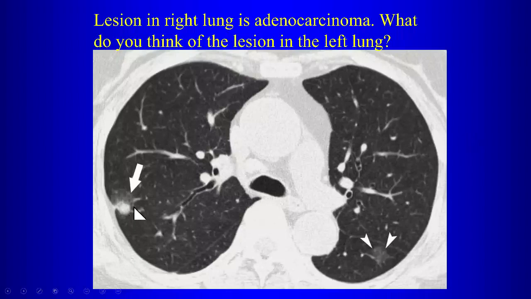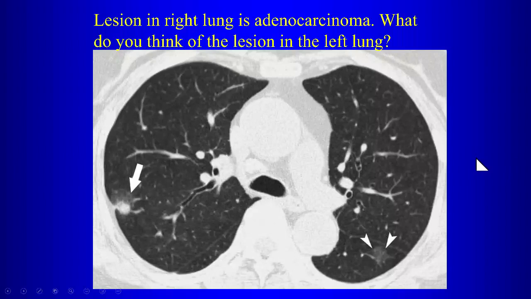Now, if I tell you that this lesion here is an adenocarcinoma, on the other side we have this smaller ground glass attenuation opacity. What could that be? Well, one concern is that it might be metastatic disease, right? So that's a consideration. What else?